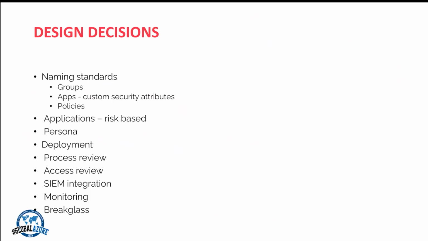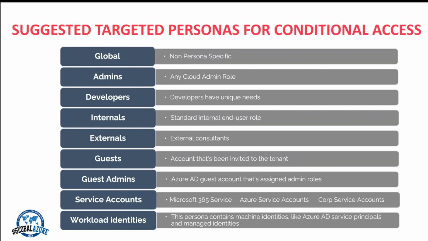SIEM integration is very important. Sure, you've done all of this great work in identity, but if you don't log it in your SIEM solution, then it can't enrich with the other telemetries from which your SIEM is collecting logs as well. And lastly, think about your monitoring and break glass capabilities here as well.